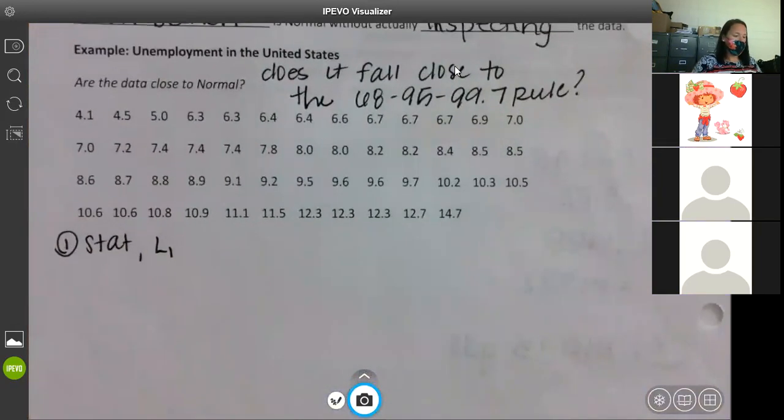All right. Sorry, now y'all gotta wait on me to put this in. Stat, edit. 4.1, 4.5, 5. Take a minute and make sure that you put them in correctly while I'm typing them in. And I could get them wrong.